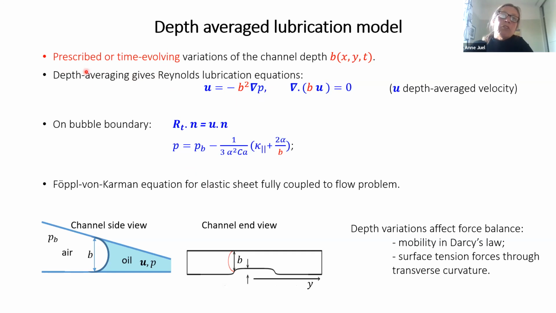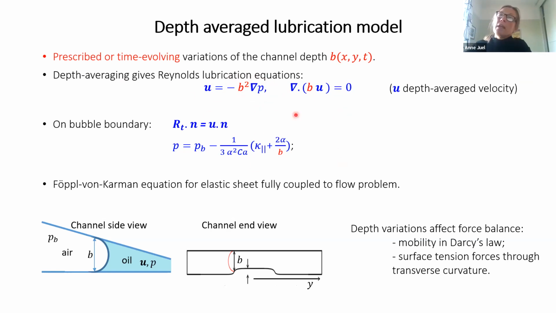So the general framework is we can take the Navier-Stokes equations and apply the lubrication approximation, and by depth averaging we will get the Reynolds lubrication equations in their most general iteration.